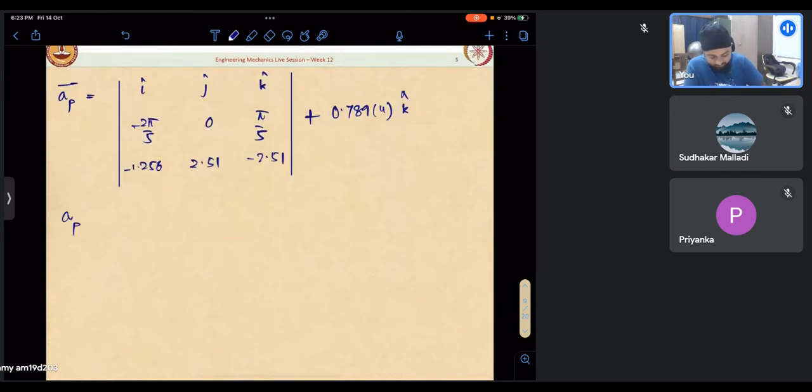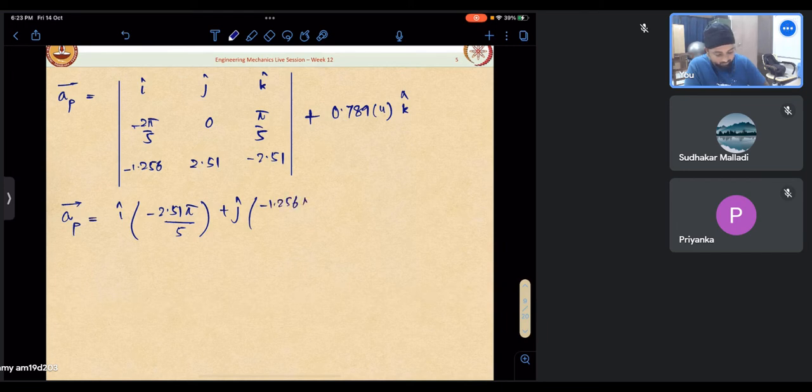So let us expand this out. It will be I into minus 2.51 pi by 5 plus J into minus 1.256 pi by 5 minus 2.51 into 2 pi by 5.